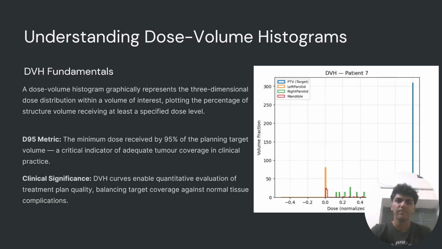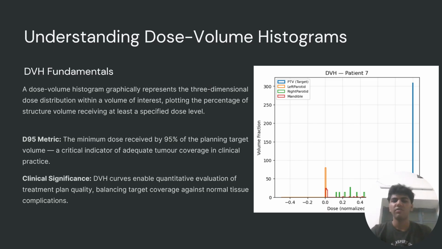effective treatment. On the right, you can see an actual DVH obtained from one of the patients in our test set. The blue curve represents the target volume, while the orange, green, and red lines represent different organs at risk, like the parotid glands and the mandible. Notice how the target curve extends towards higher dose values while the OAR curves drop off much earlier.